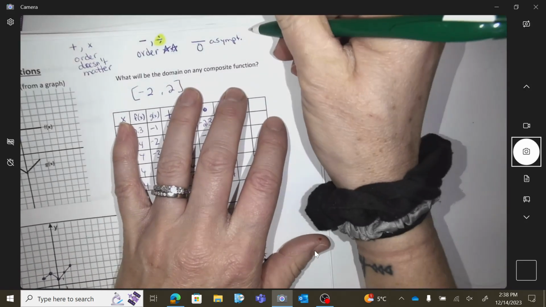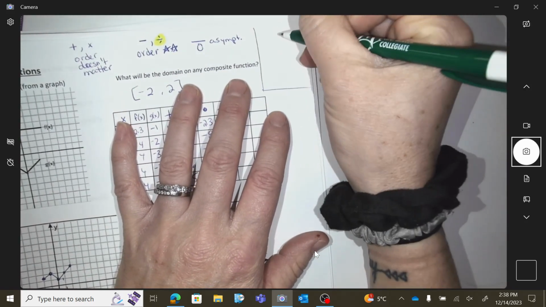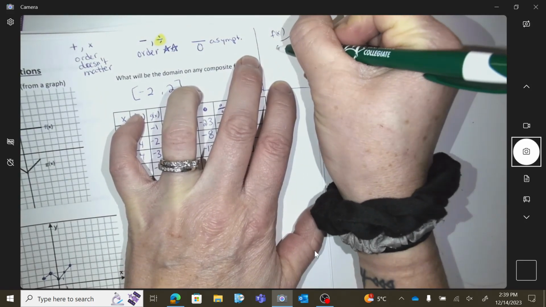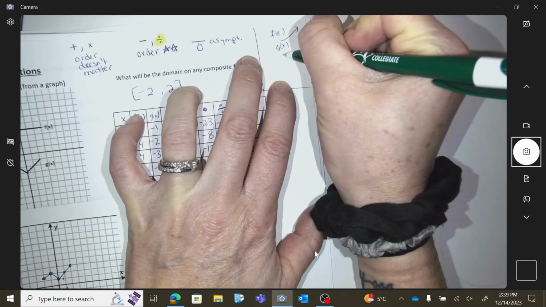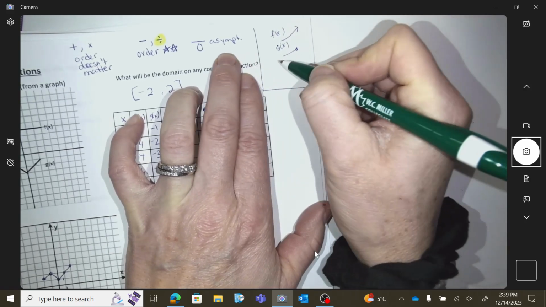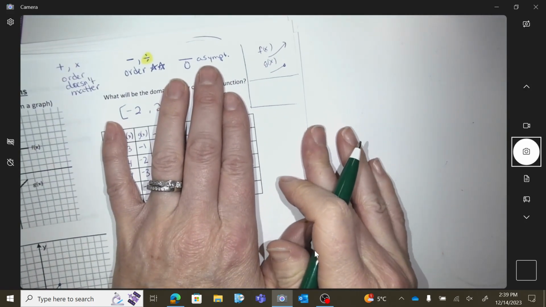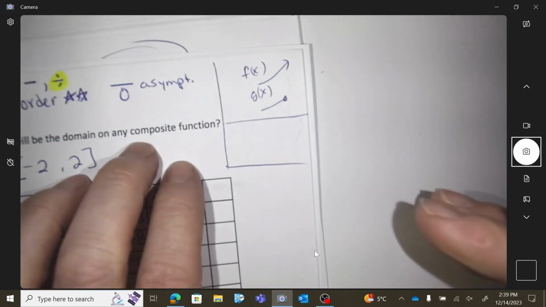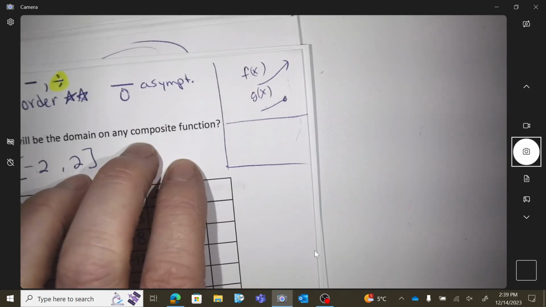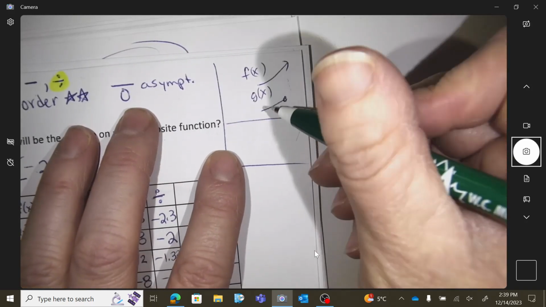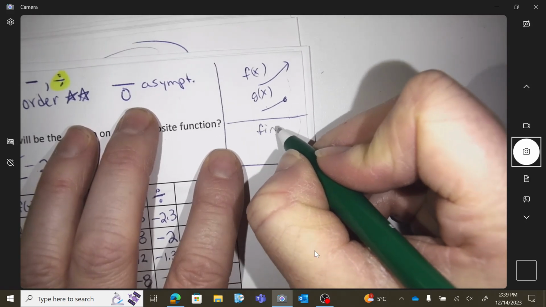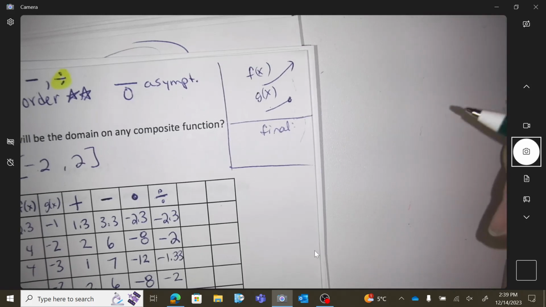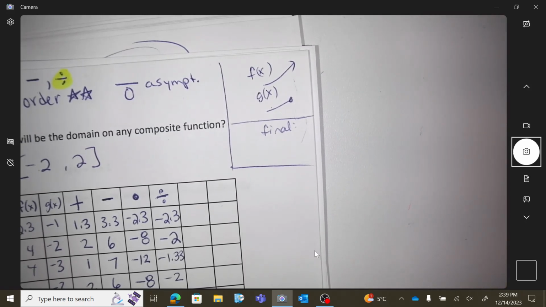Also, let's make a note about domain. What if an f function went on, but a g function stopped? So if an f function was going on, but the g function stopped, what do you think your final function would also do?